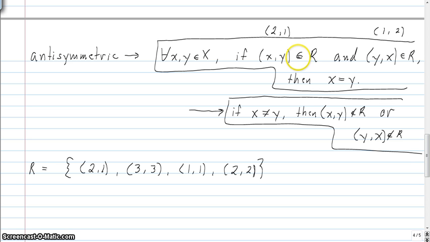So let's think about this first form of the definition. I went ahead and wrote that example up there.